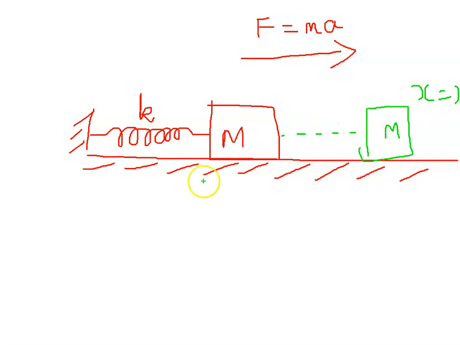This is the equilibrium position and this is the maximum displacement. The displacement of the object is denoted by the symbol x. When the object is at maximum displacement x is equal to x naught, the velocity v is equal to 0.